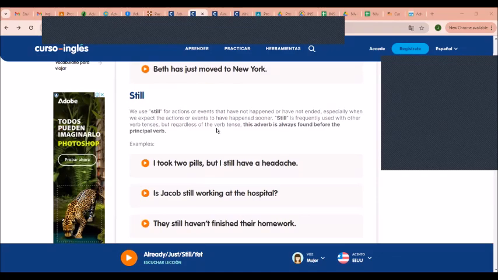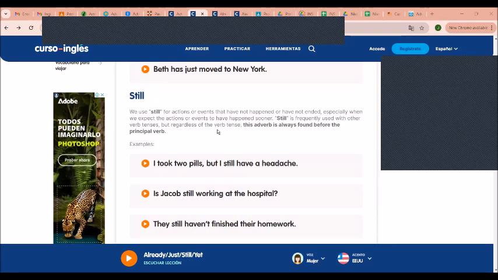Okay, for examples. I took 2 pills, but I still have a headache. Headache, with a K sound. Is Jacob still working at the hospital? They still haven't finished their homework.